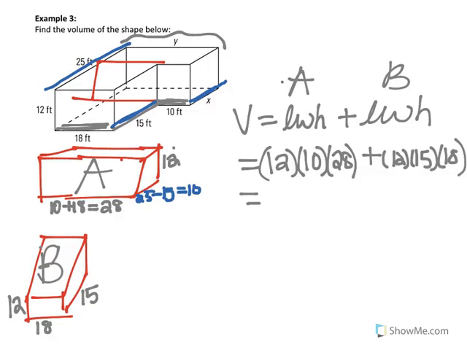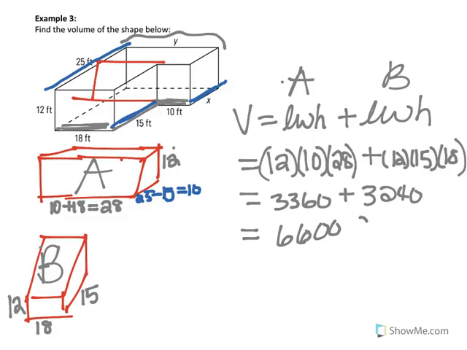For the first one, 12 times 10 times 28, we should be getting 3,360. And 12 times 15 times 18, we should get 3,240, to make a total volume of 6,600. Oh, and our unit is cubic feet, so feet cubed.